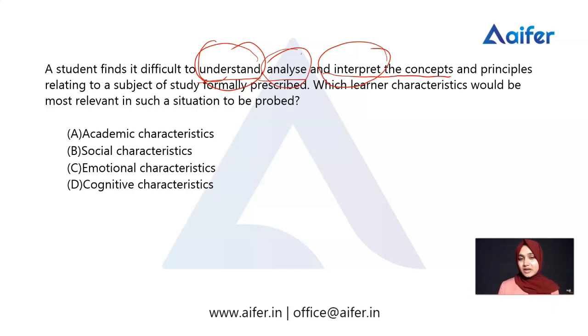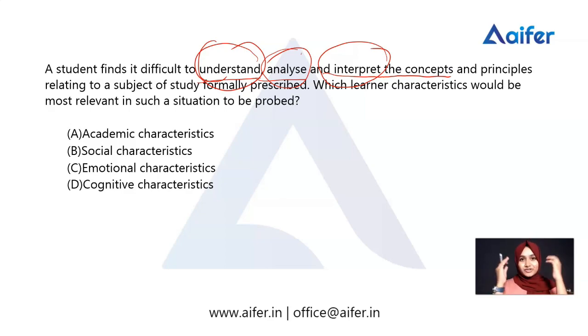Is it the cognitive domain? What was the cognitive domain? This particular domain deals with how well a student can think and process information, how well a student can use his or her thinking ability, thinking capacity, like problem solving, decision making, critical analysis, analyzing ability.